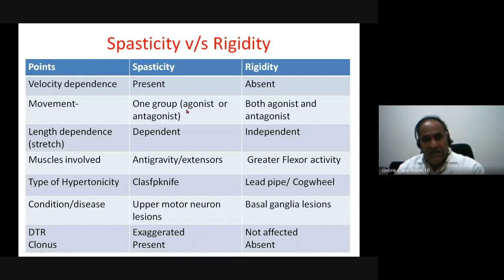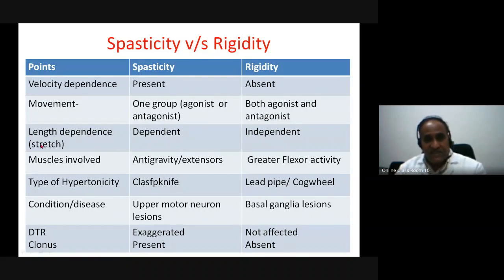In spasticity, the involvement is only one group of muscles, either the flexor group or the extensor group, not all. In case of rigidity, both agonist and antagonist are involved. Both are contracting, so that is why you have lead pipe rigidity.